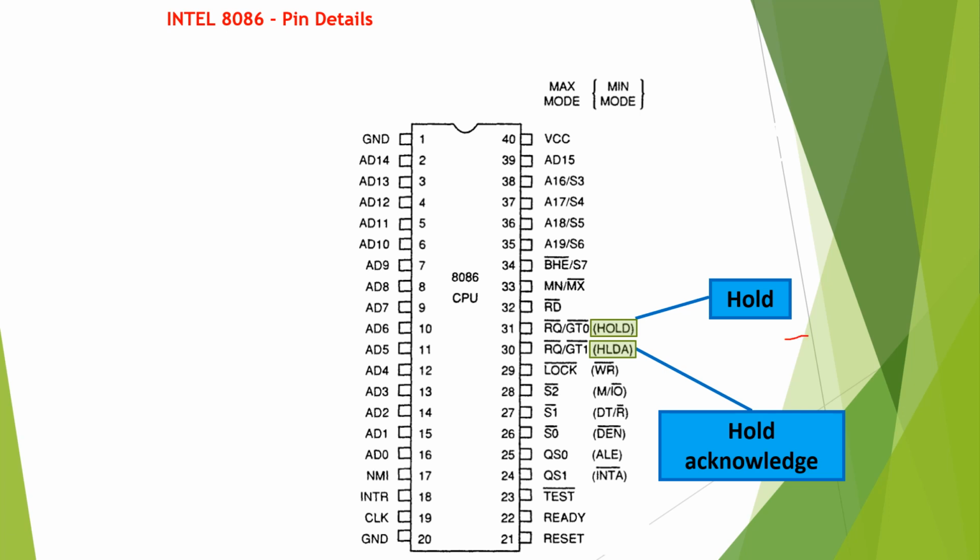After receiving the hold request, the processor issues the hold acknowledgement signal from the HLDA pin of the 8086.